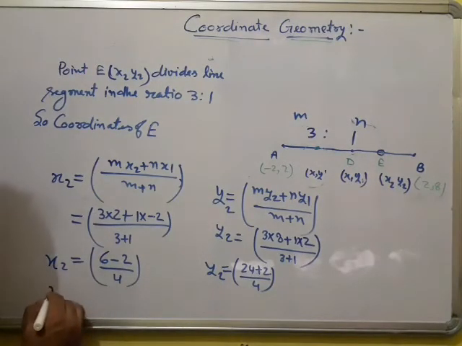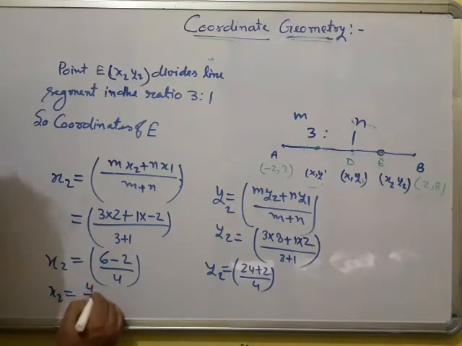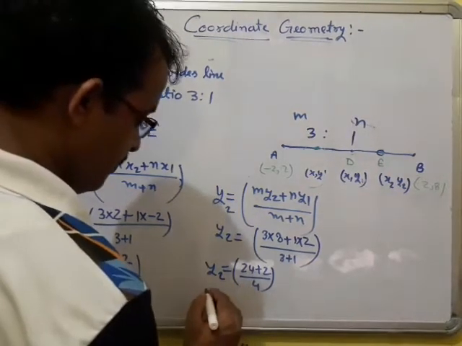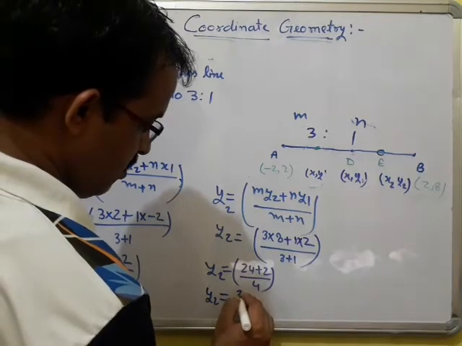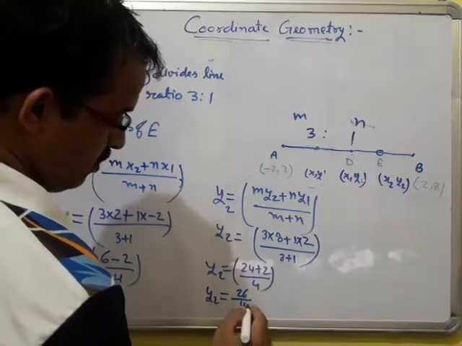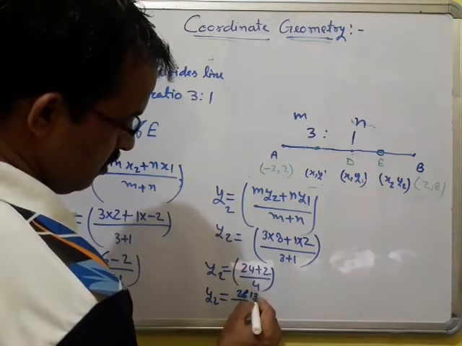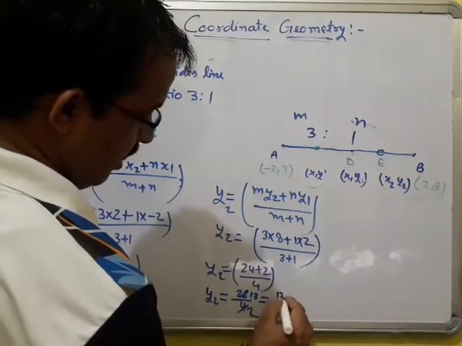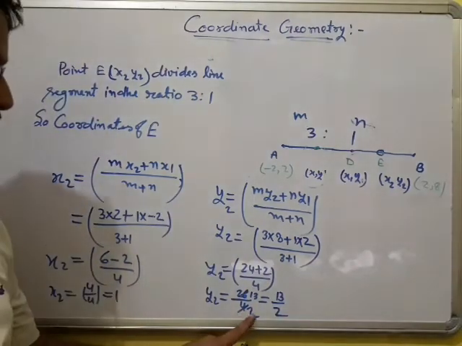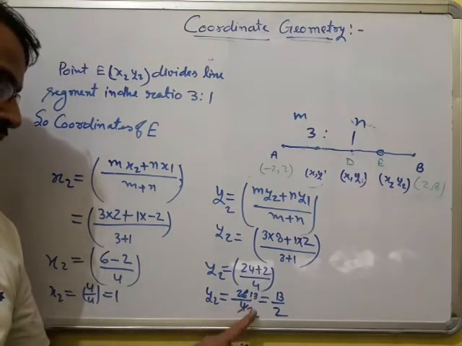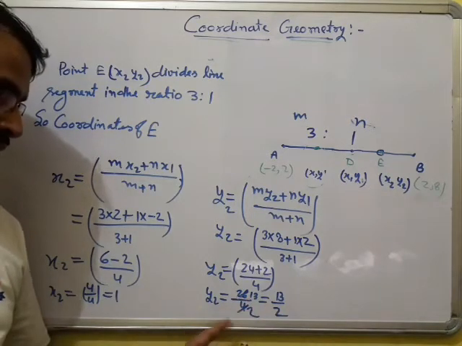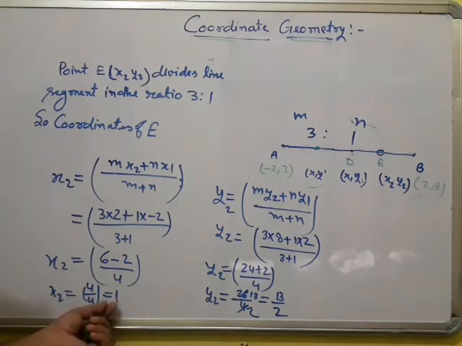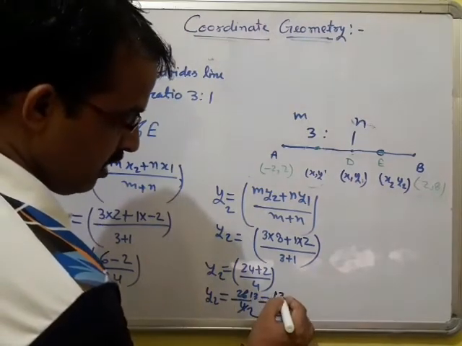So what we get here, x is 4 by 4, so x is 1, and y is equal to 26 by 4, which is 13 by 2, dividing by 2: 2 2s are 4, 2 1s are 2, 2 3s are 6, 2 13s are 26. So x is 1 and y is 13 by 2.